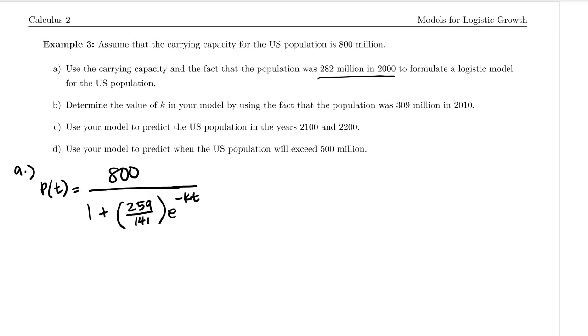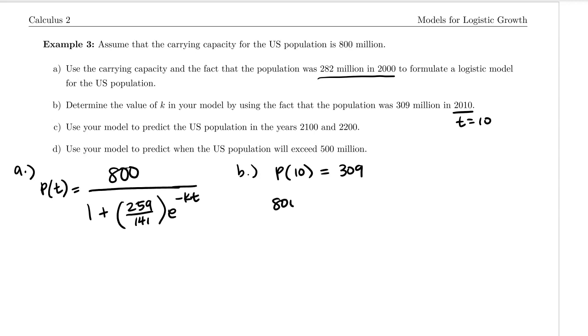Part B says determine the value of k in your model by using the fact that the population was 309 million in the year 2010. So in 2010, that is t equaling 10. So that's basically telling us that P of 10 is equal to 309.